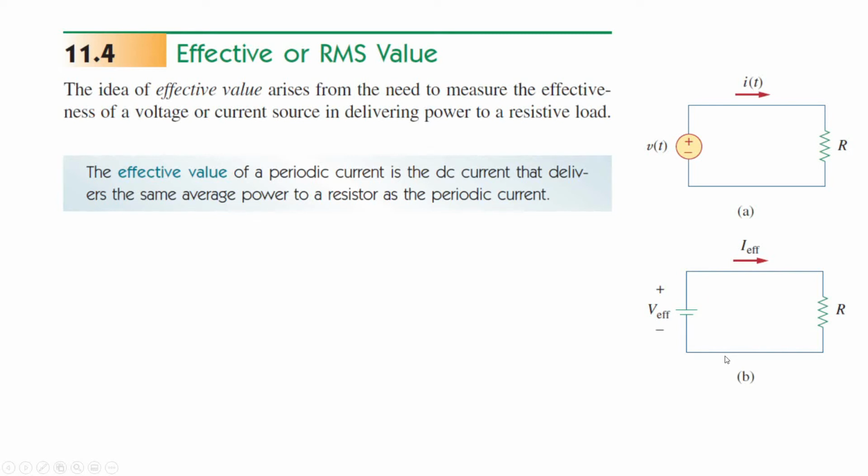Simply stated, if the power delivered by this DC source and the power delivered by this AC source to this load of resistance R is equal, then we can say that this DC current is the effective value of this AC current, or in other words, this AC current is as effective as this DC current.